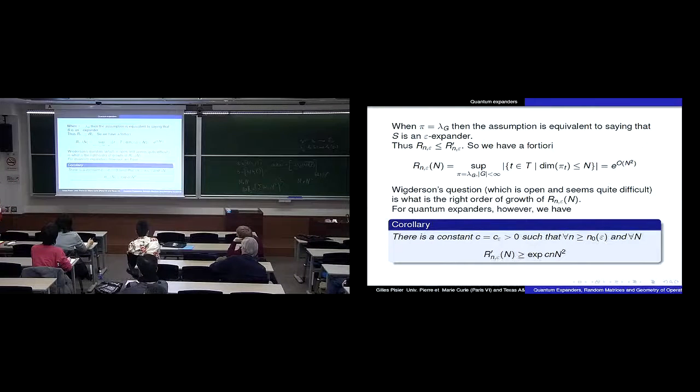So the connection with Wigderson's question is simply this. You see, what they are interested in for expanders is not this representation pi that I've written, but representations that are the left regular representation of a group. And so the difficulty, of course, is to produce not representations as I do here to show this lower bound, but to produce finite groups and expanders.